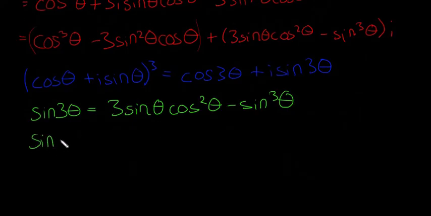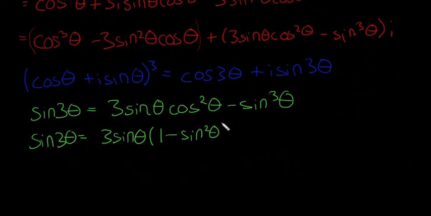So now we can write sine 3 theta is equal to 3 sine theta by 1 minus sine squared theta minus sine cubed theta.